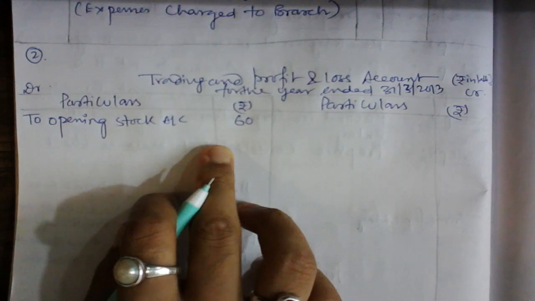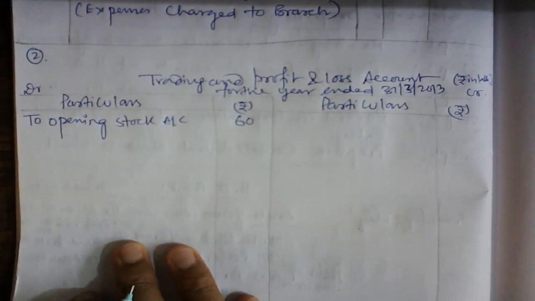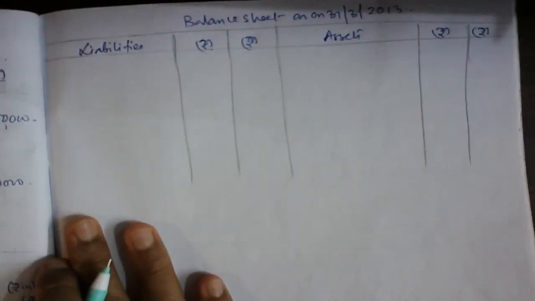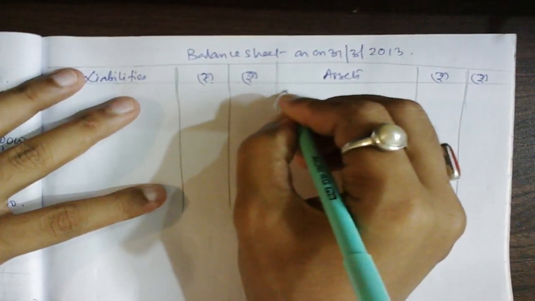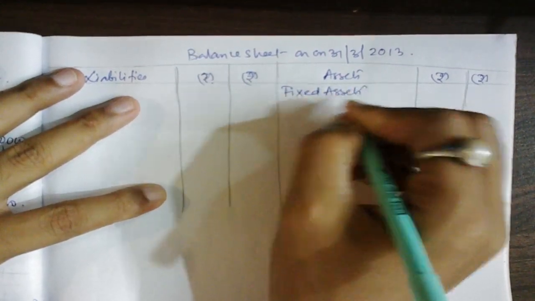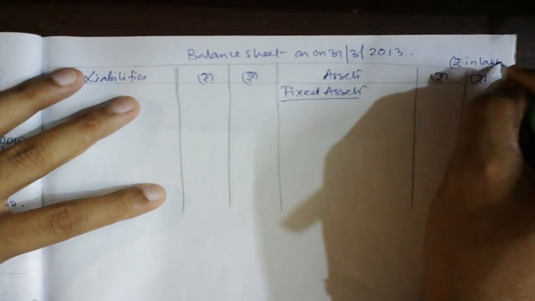So now if you see there is a furniture and equipment, and depreciation on furniture is also there. So first of all, you can write here fixed assets, and here you can write rupees in lakhs.